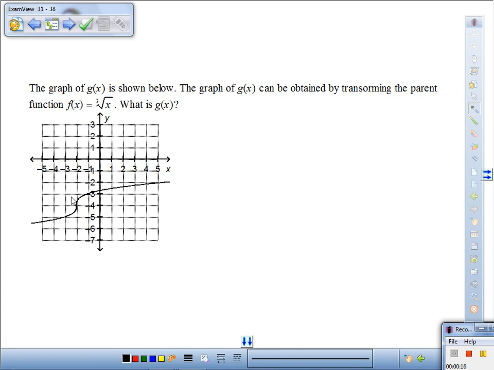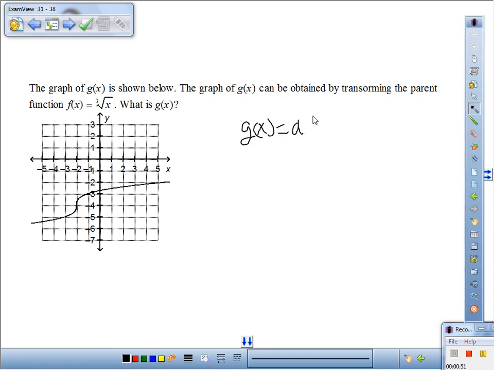So they're telling us that this is g of x, but it comes from the parent function, what? F of x, cube root of x. So they want us to figure out what this function is. First things first, we need to write our general transformation function. What does it look like? G of x equals a times cube root of, what else?